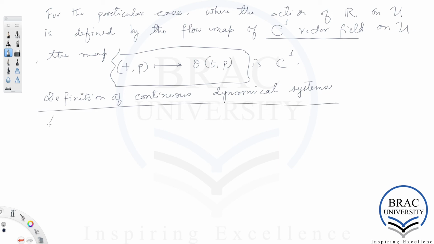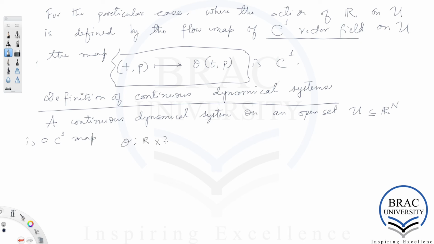Okay, a continuous dynamical system on an open set U of R to the n is a C1 map theta from R cross U to U, which satisfies the following group action axioms.